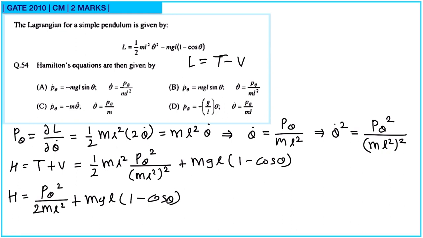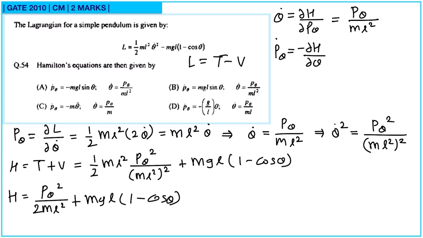So this is the Hamiltonian. We want to find Hamilton's equations, and Hamilton's equations are theta dot is equal to dou H by dou p theta, which we have already calculated, which is p theta by m l square. That is the first equation. And the second equation is p theta dot, which is equal to minus dou H by dou theta.